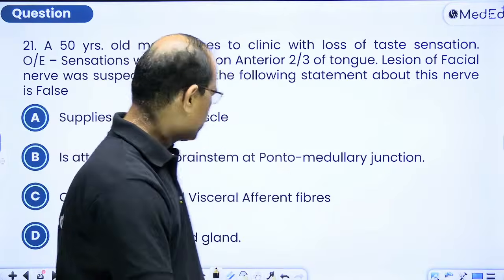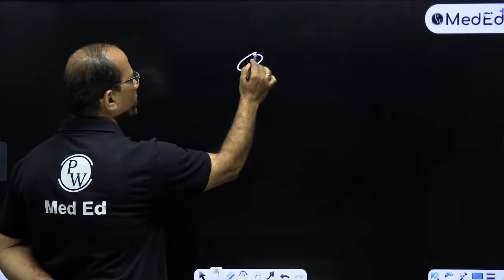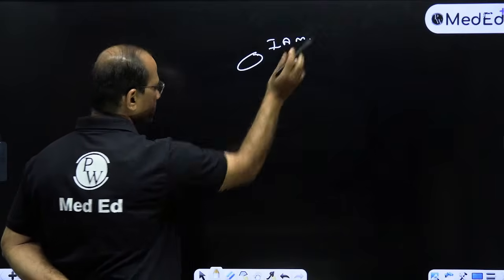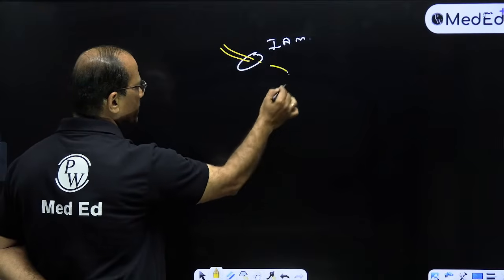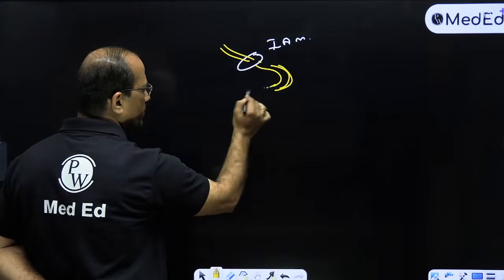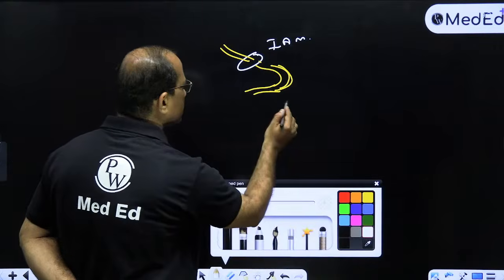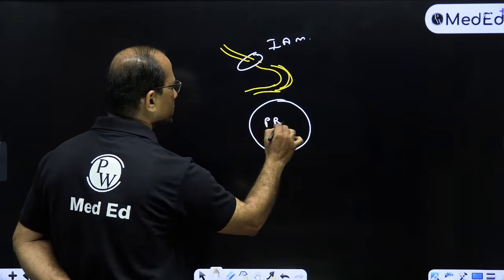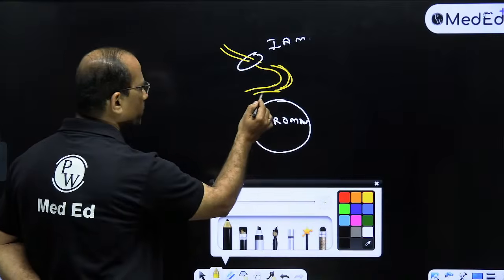एक मिनट, I'll just make a slide for you. Facial nerve enters the internal acoustic meatus. That's the first bend of the facial nerve, the genu. This is the promontory.